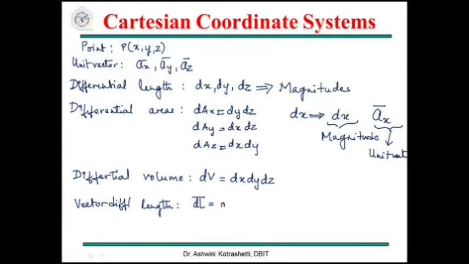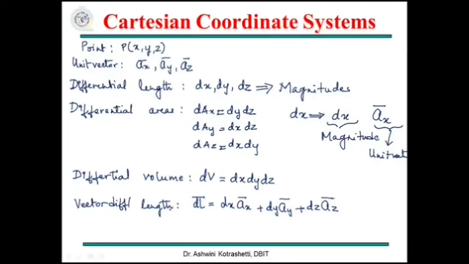So I can say dx ax bar plus dy ay bar plus dz az bar. This is the vector differential length. Okay, so this completes our discussion about the Cartesian coordinate system.